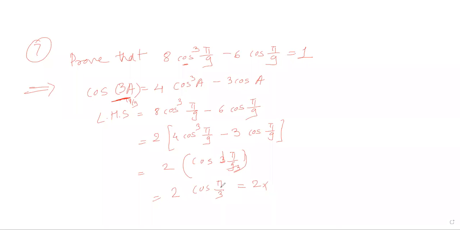See, cos pi by 3 means 180 divided by 3, that is 60. So cos pi by 3 means cos 60 degrees, which is 1 by 2. So 2 times 1 by 2 is 1. So the answer is 1.